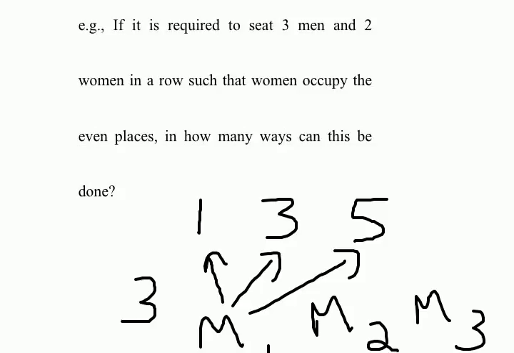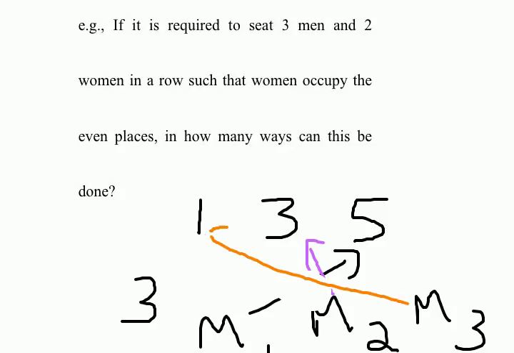So assuming man 1 goes to seat number 5, in that case man number 2 has seat 1 and seat 3 left to occupy, which he can do in 2 ways. Now let's assume that man number 2 has actually gone to seat 3, which would mean that man number 3 has only 1 seat to go to, which means he can do that in 1 way.